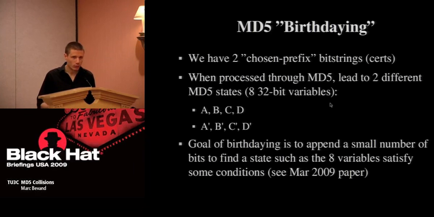MD5 internally tracks the state of the current hash computation in 4 variables named A, B, C, and D, and the goal of birthdaying is just to append a small number of bytes to these prefixes, such that the 2 states are somewhat related. So, for example, the value of A in the 2 certificates has to be equal, and there are other constraints that apply to B and C and D, but I'm just going to skip the details because I don't have enough time to talk about that.